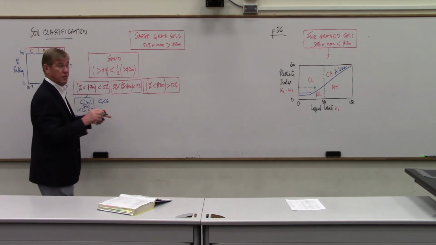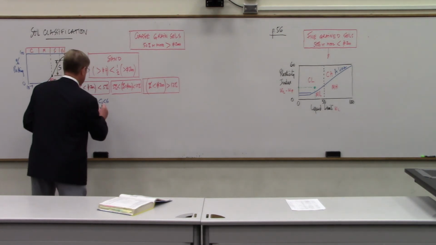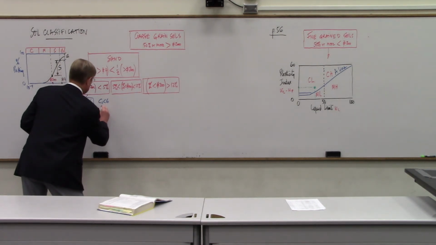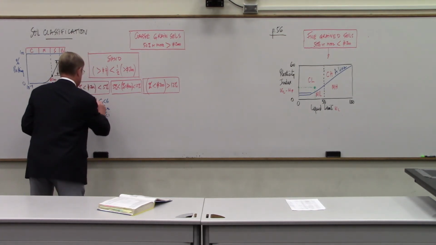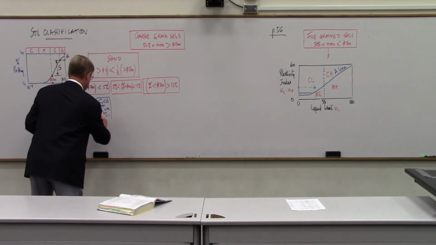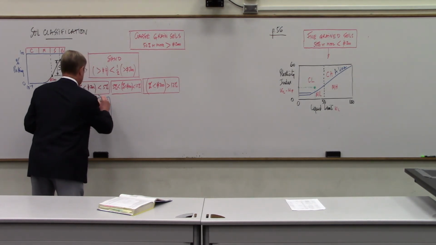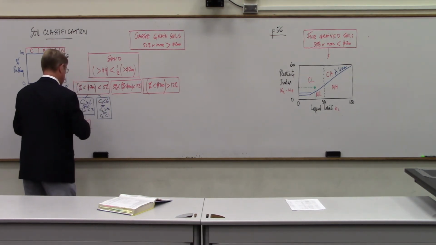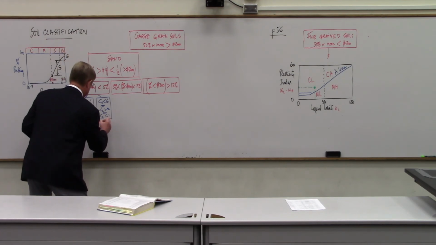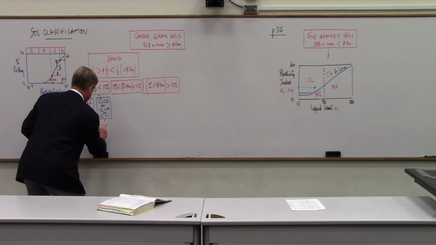So the contrary of and is or, C sub u less than 6, or C sub c larger than 3, or C sub c less than 1. Okay, so that's your decision box here. And then in that case, the conclusion is we have a poorly graded sand.